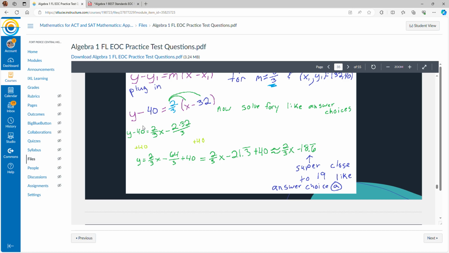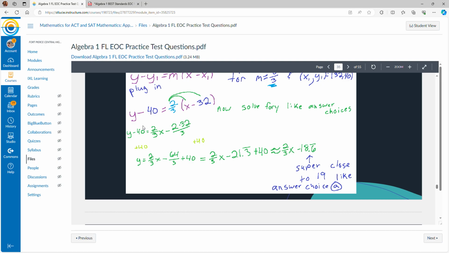Step 1, moving forward, is to get my equation from point-slope format to slope-intercept format like my answer choices. So I distributed my 2/3, which gave me y minus 40 equals 2/3 x minus 2 times 32 over 3.